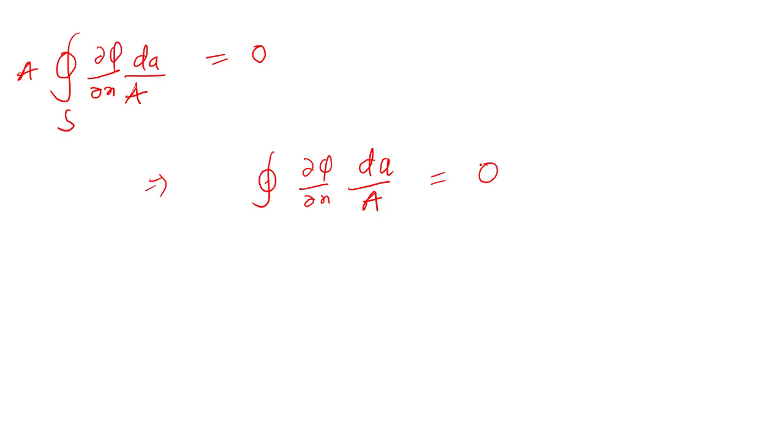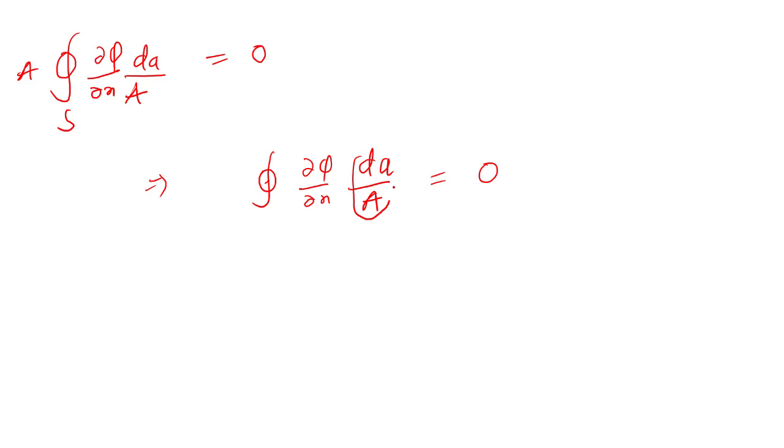And that's what we are trying to prove. So the integral of ∂φ/∂n dA is equal to 0, right? If I divide it by area and multiply it by area, then I get essentially the integral of ∂φ/∂n dA by A, which is equal to 0.